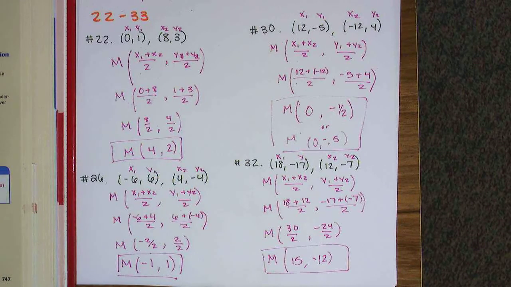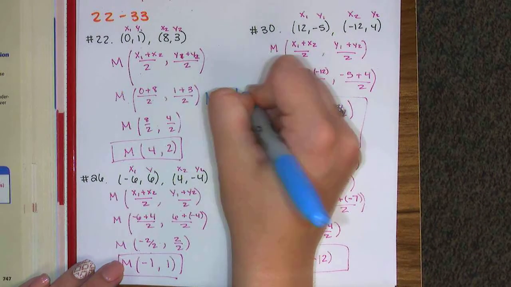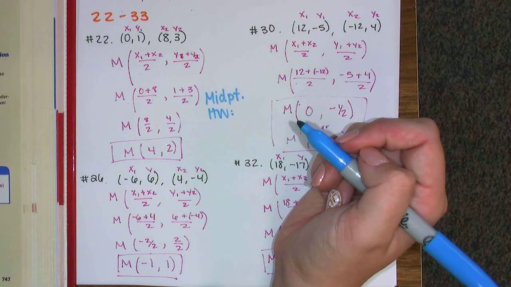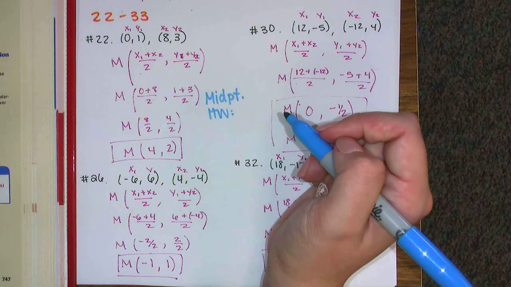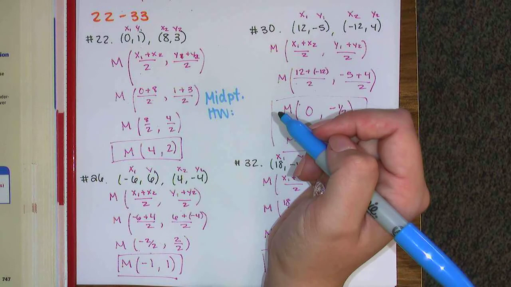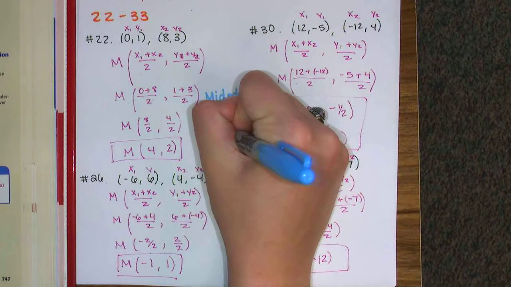Alright, so now you can do the rest of your homework, and all of it can be done on the same page. The homework for midpoint is going to be 23 through 33 odd.